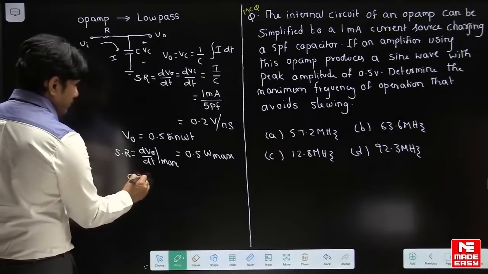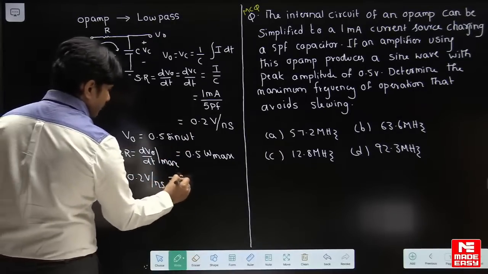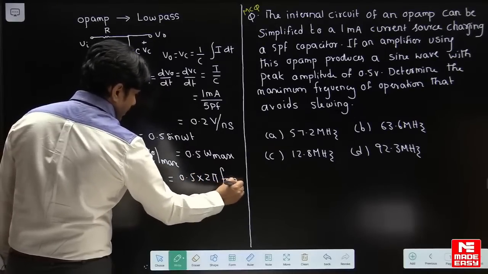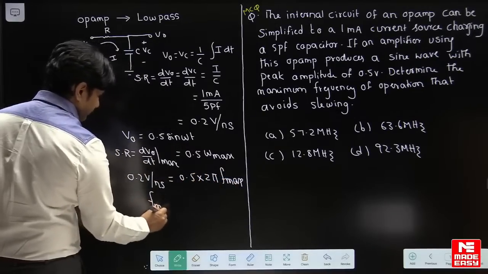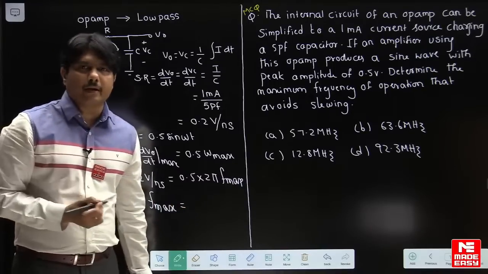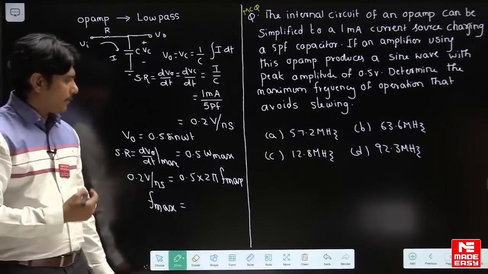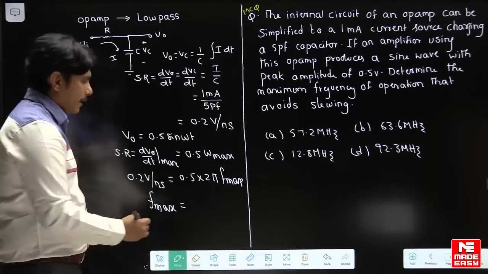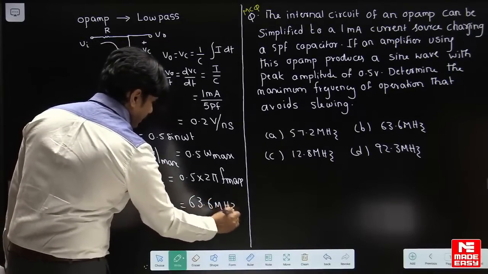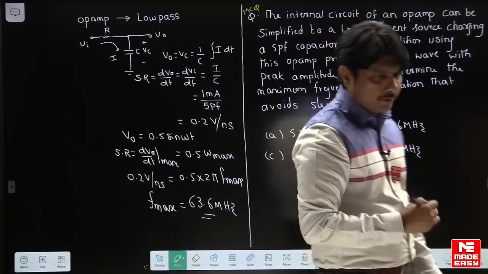So 0.2 volt per nanosecond, which we got as the slew rate, equals 0.5 into 2 pi into f max. Simply find out the f max. Very interesting question again. Most of the time this area they will ask in GATE exams, called slew rate problems. The f max, if you find out from this, we are getting around 63.6 megahertz. Already some student has given the answer. That's nice to see.